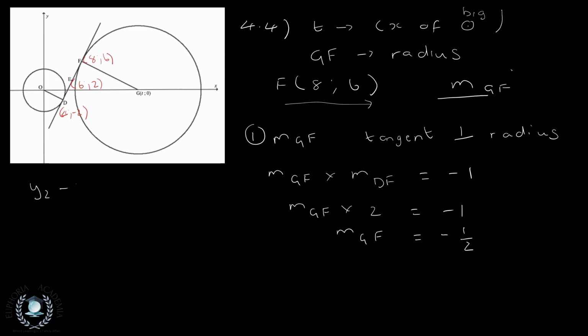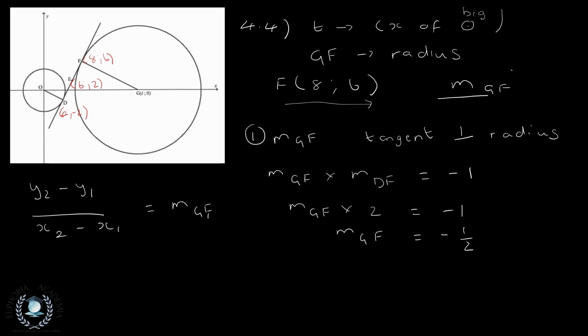The equation will be (y2 minus y1) divided by (x2 minus x1) should be equal to the gradient, and the gradient in this case is m_GF. Now, what's our y2?